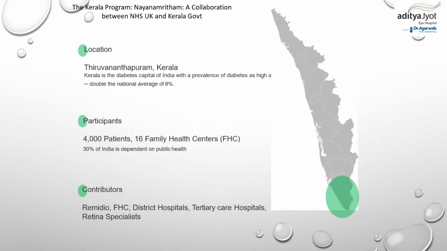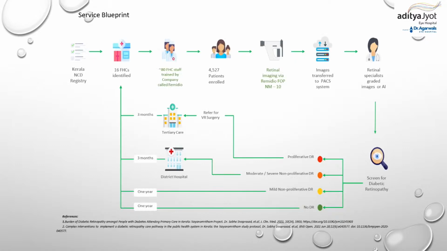Again, they started with 4,000 patients in 60 family health centers, and this is what they did. They went through the Kerala non-communicable disease registry, 16 family health centers, and 80 family health staff were trained by Remidio, so that the government staff were doing this screening.